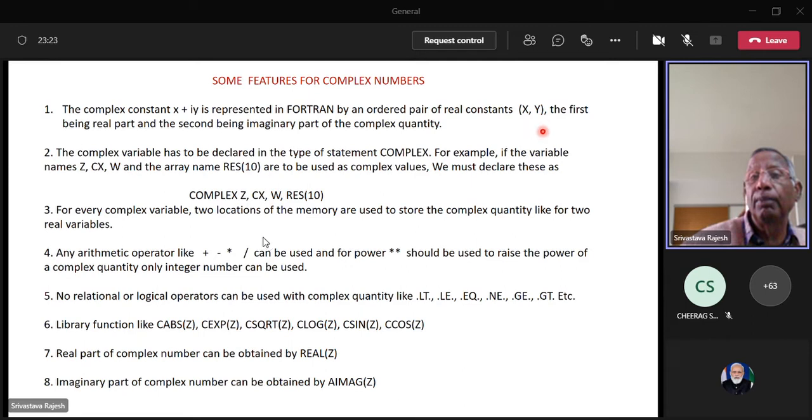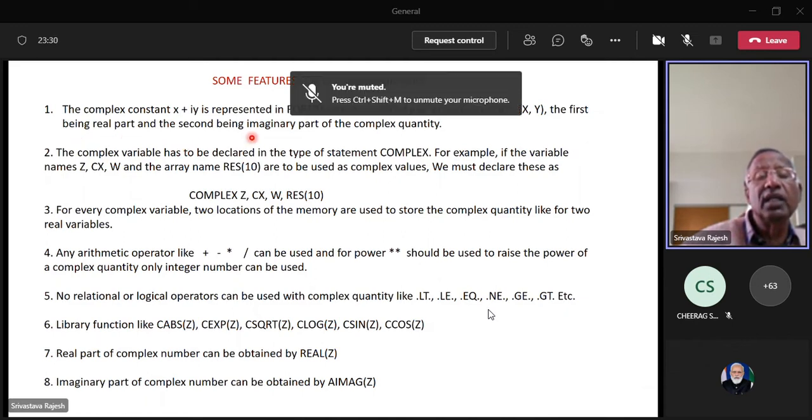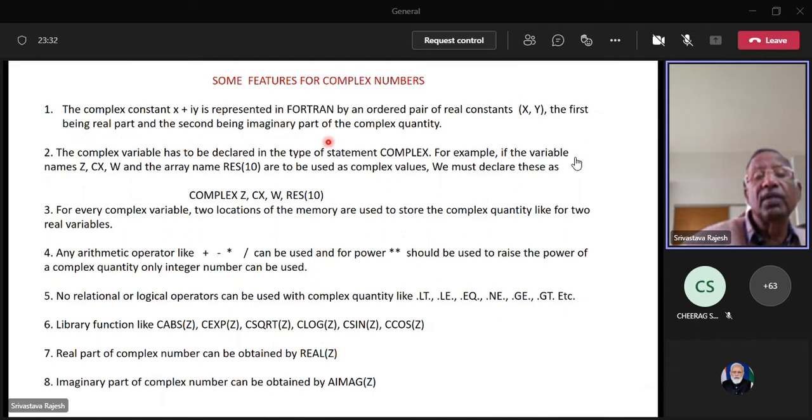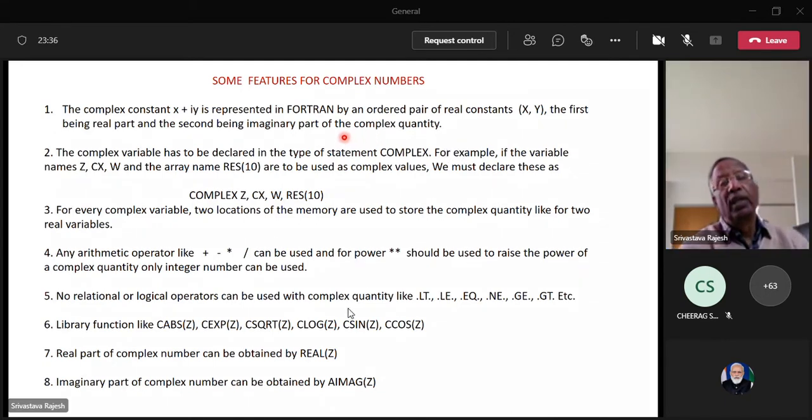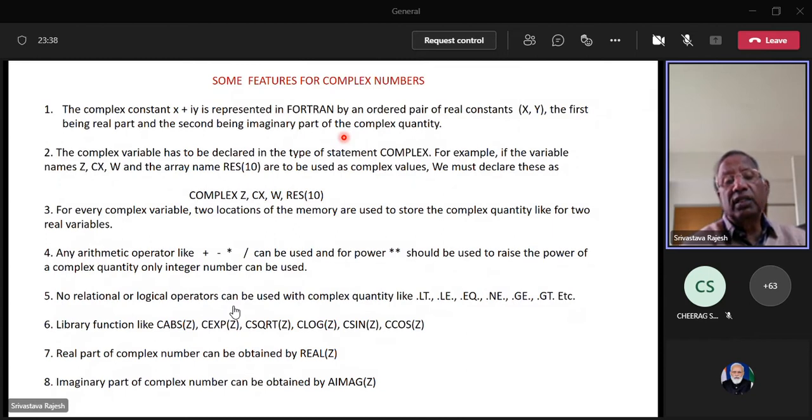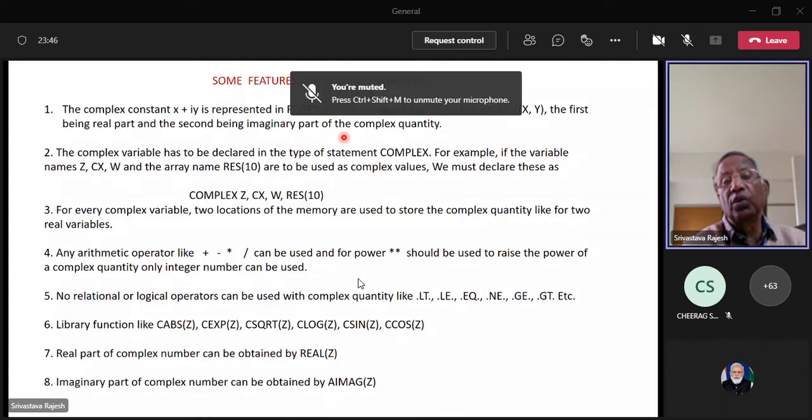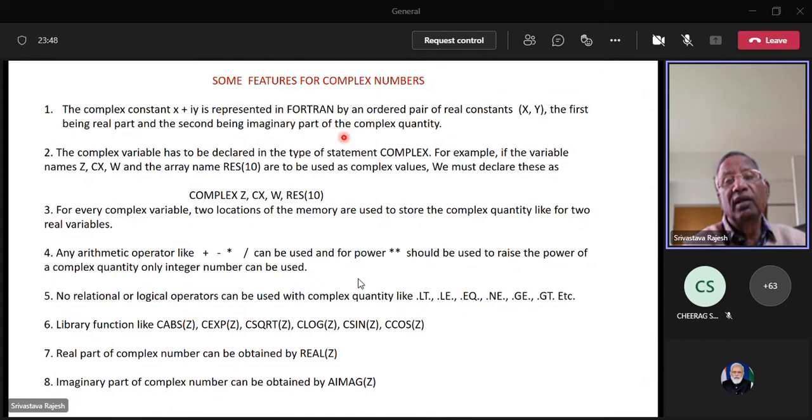The first is the real part and the second is the imaginary part of the complex quantity. Now, a complex quantity clearly requires two storage locations, one for real and one for imaginary.